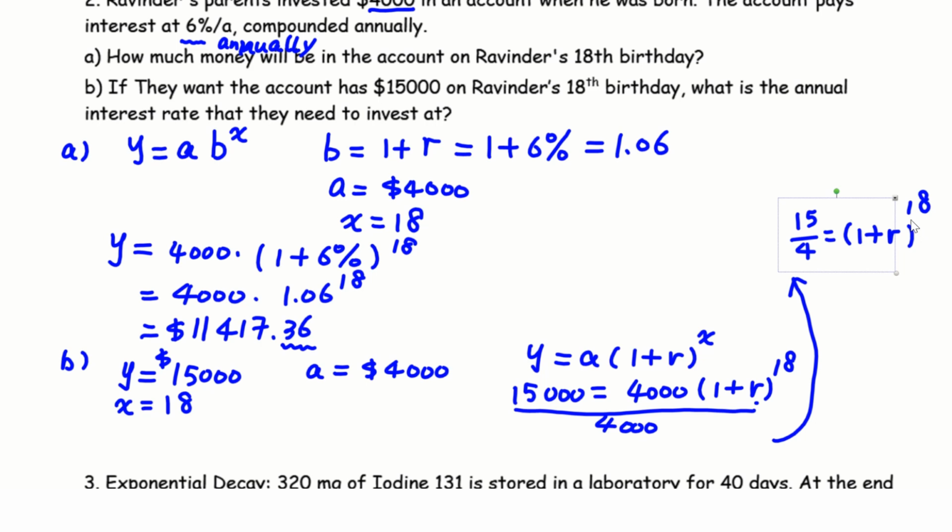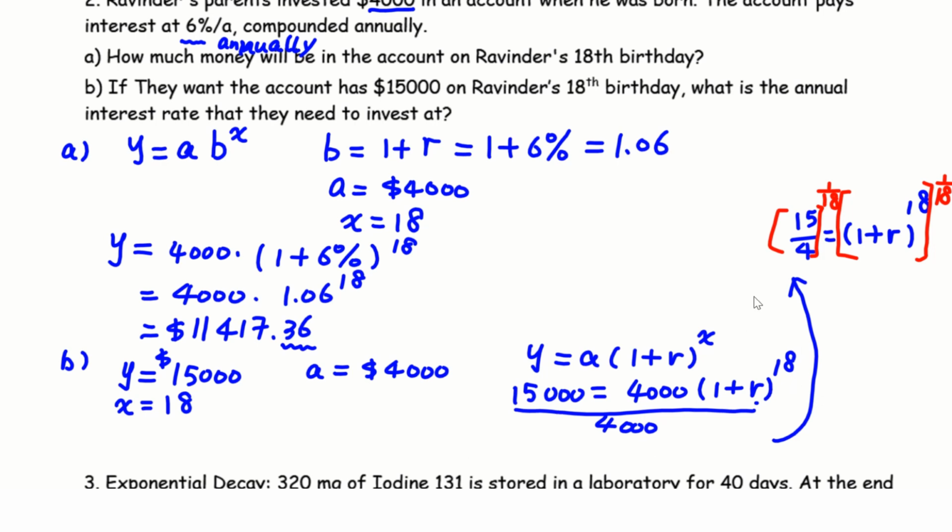Then we get rid of the exponent 18, we do the opposite operation, which will be to take the 18th root. So on both sides we take not the square root but the 18th root, 1 over 18.